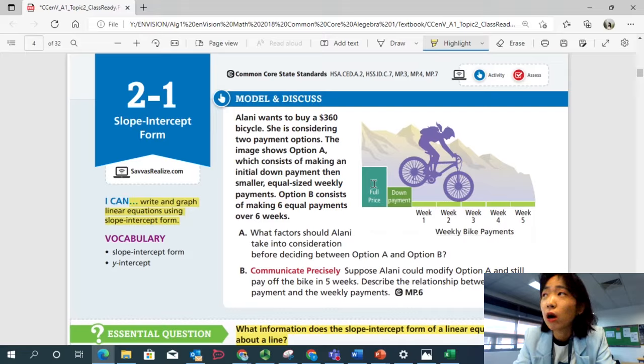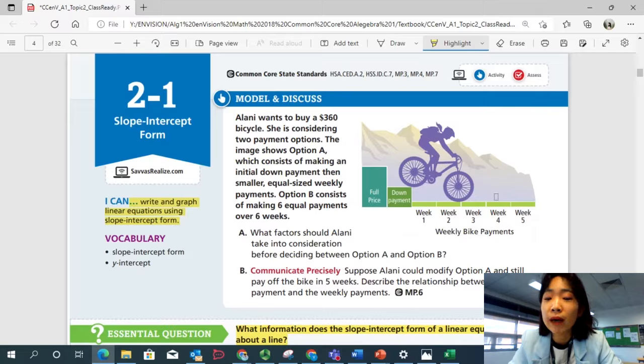The image shows option A, which consists of making an initial down payment, then smaller equal-sized weekly payments. Do you know what a down payment is? So you need to pay the full price to buy a bike, right? It's a $360 bike, but down payment is what you can pay right now.